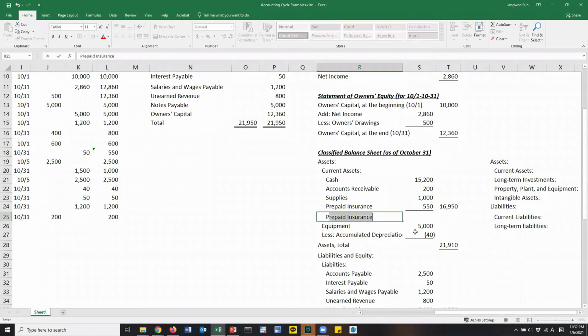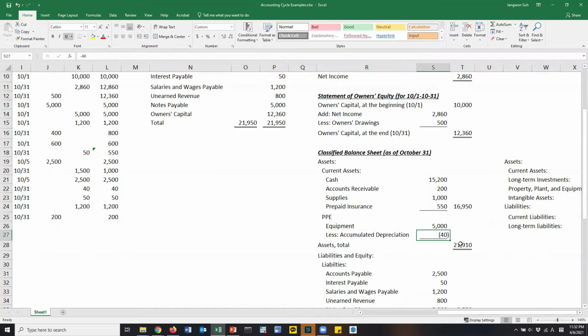And then we don't have any long-term investments, but we have, let's create a category, a class, if I can say so, of PP&E. And then under the PP&E, we have equipment and accumulated depreciation, ending up having the PP&E total $49.60.